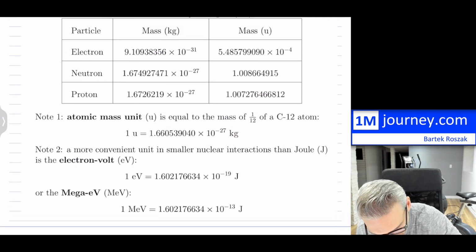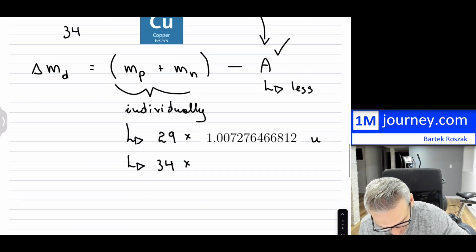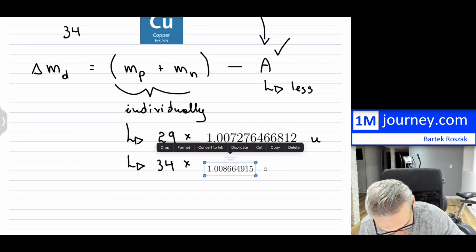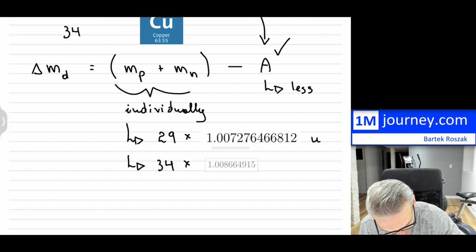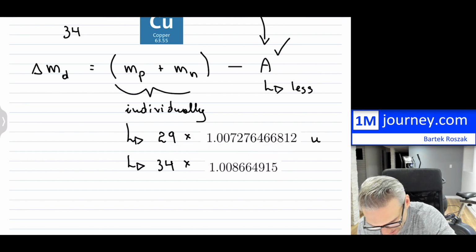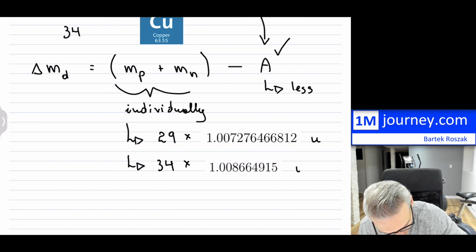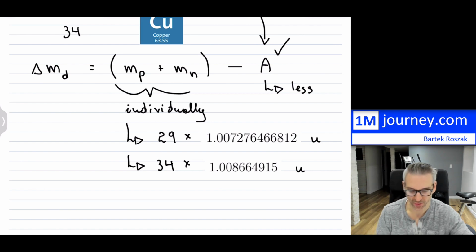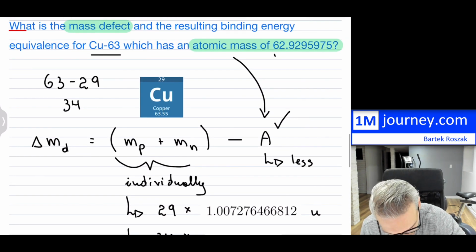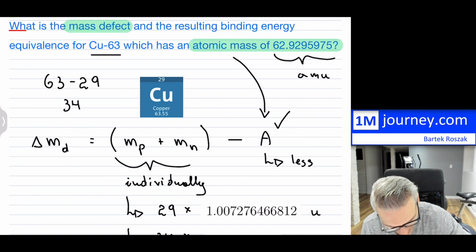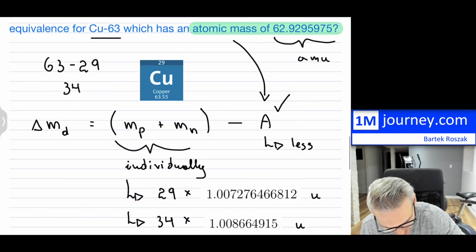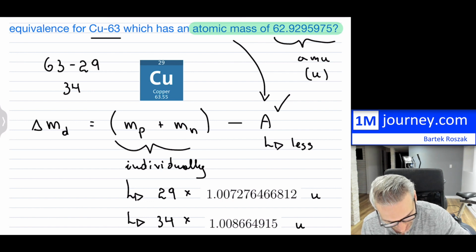I'm going to copy it out and place it right there. The unit here is simply atomic mass units. This also is given in atomic mass units, amu or just u.